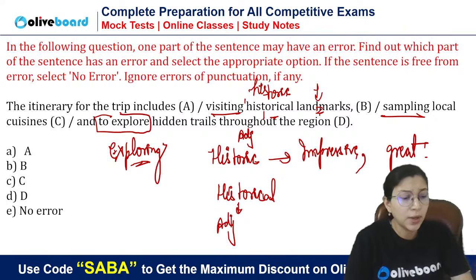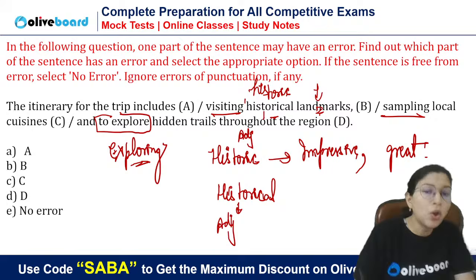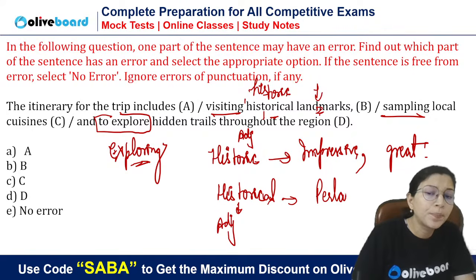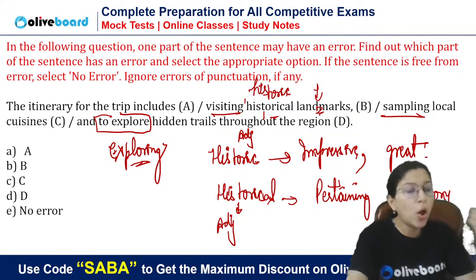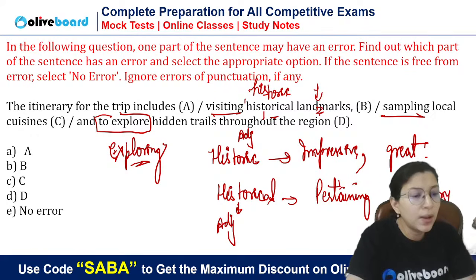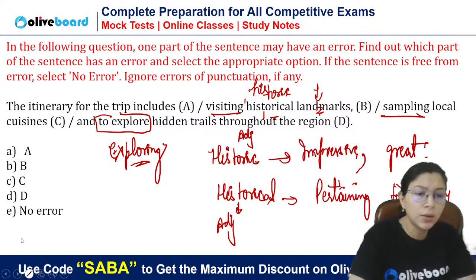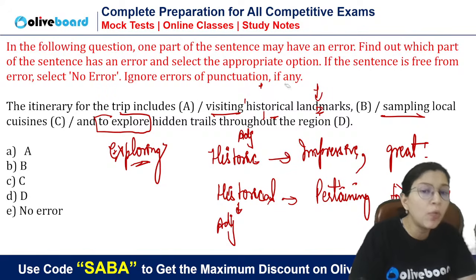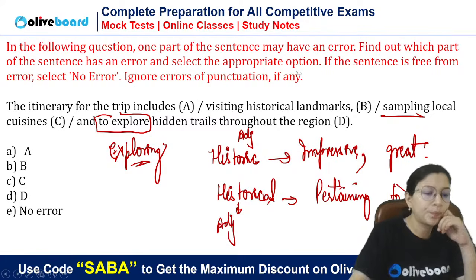So historic performance means impressive, great, and historical is pertaining to history, pertaining to ancient time. So all these monuments, Taj Mahal, Red Fort, Qutub Minar, all these monuments are historical monuments, not historic monuments. Is it clear?